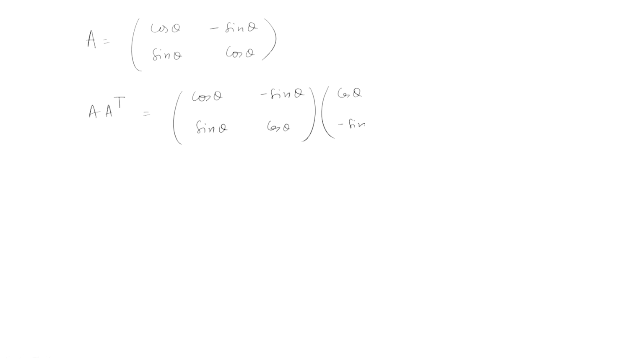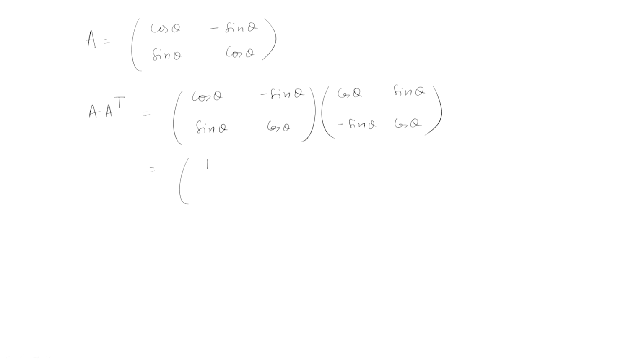The matrix is A equal to cos theta, minus sin theta, sin theta, cos theta. When you take A into A transpose, this row into this column, cos square plus sin square, which is 1.